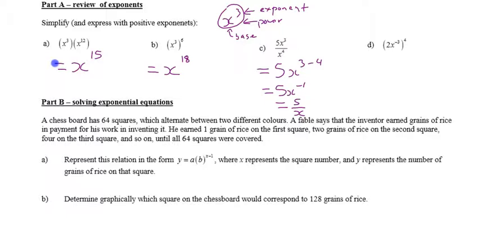And last, this, 2x to the negative 3, all raised to the power of 4. What do we do there? So, what's the answer? 2x to the, is that it? No, what is it?